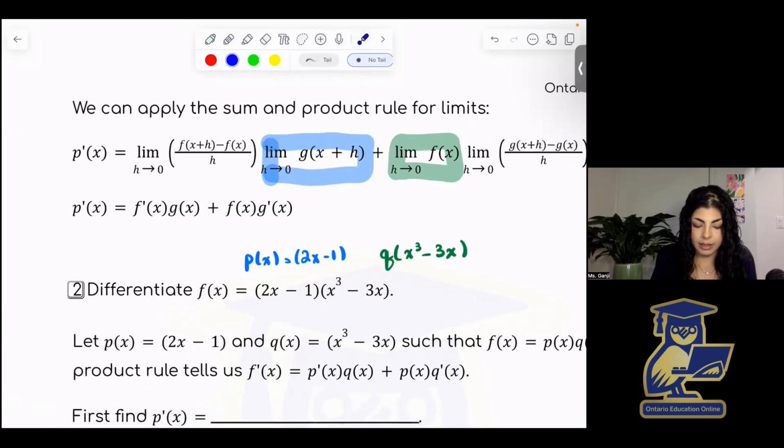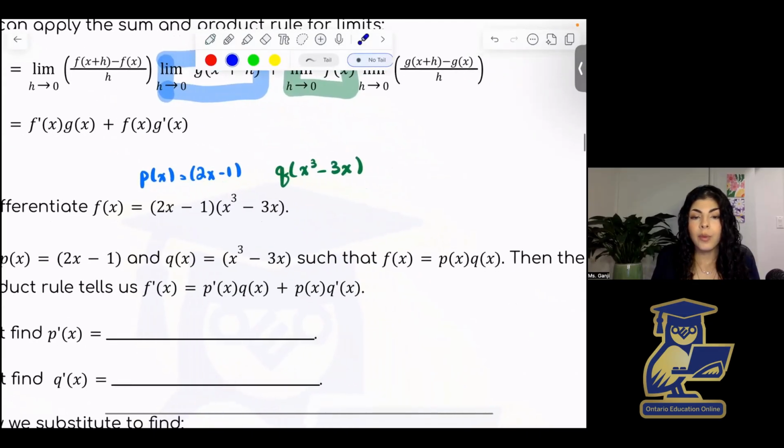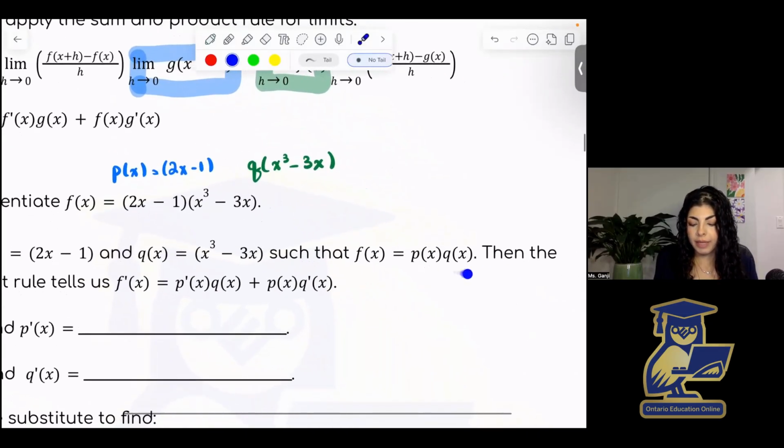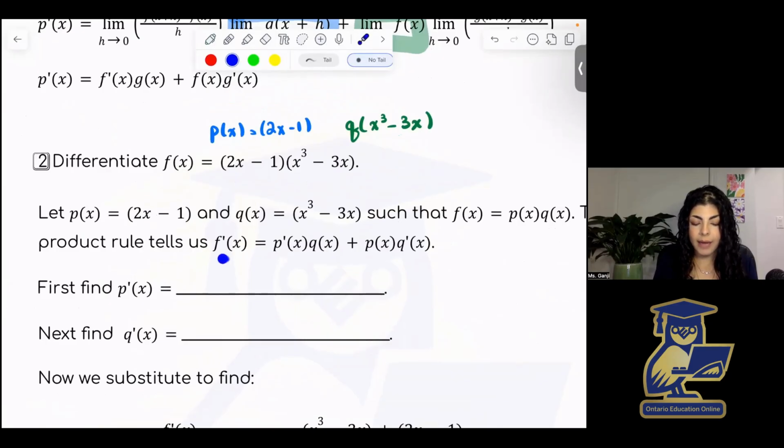Oh, and that's exactly right there. And now, f of x is the product of p of x and q of x. Then the product rule is going to tell us that f prime of x, or the derivative of f of x, is going to be this expression right here.